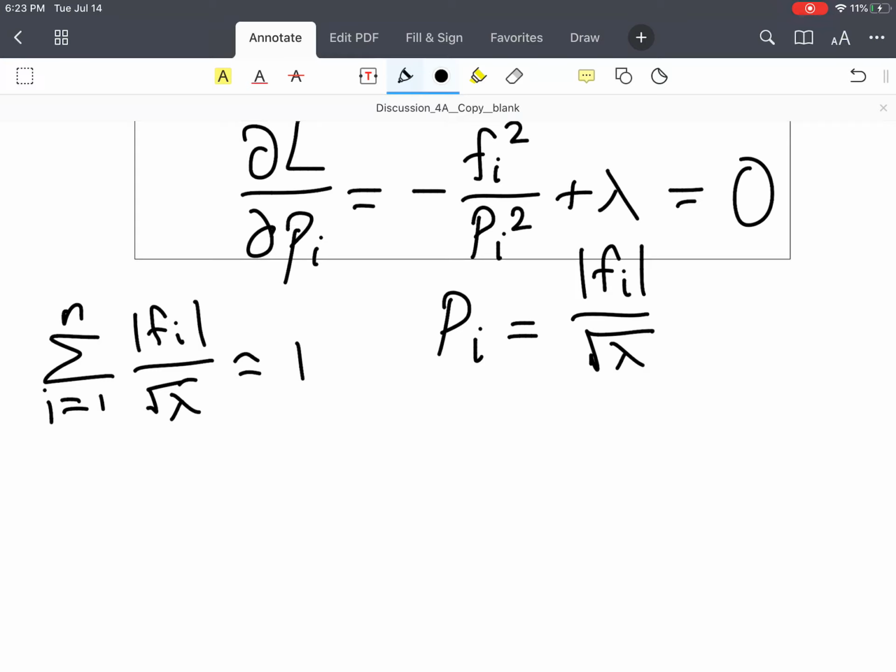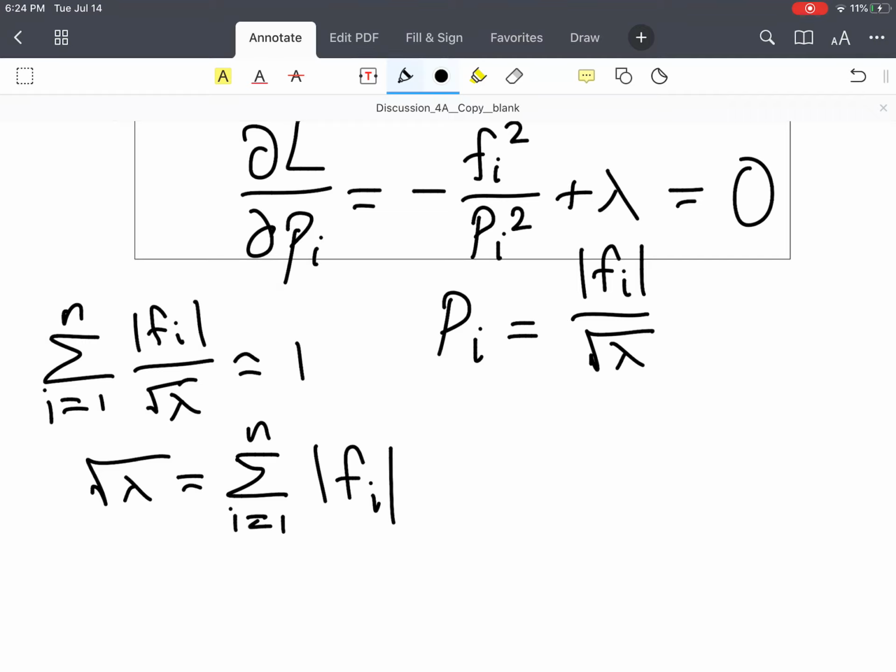And so then what we can do is some solving. The square root of lambda from the bottom can just come out because it doesn't depend on I. And so once that comes out, we can move it to the other side. And what we're going to get is the square root of lambda is equal to the summation from I equals 1 to n of f of I, right?